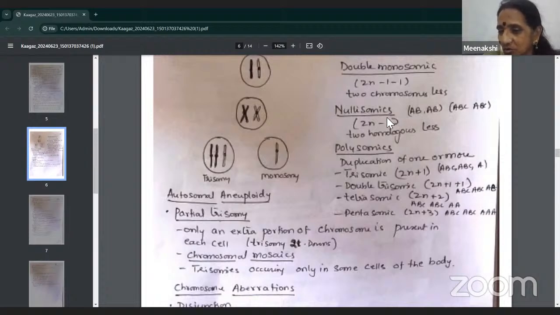So two homologous chromosomes are lost. This type of aneuploidy is known as nullisomic.